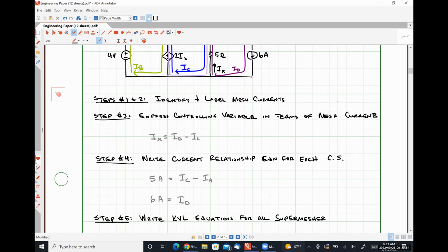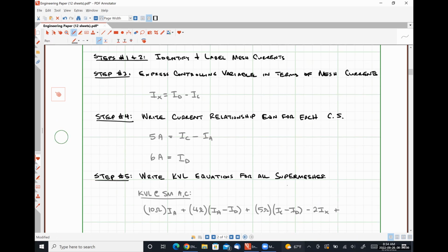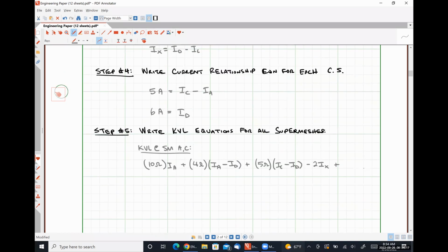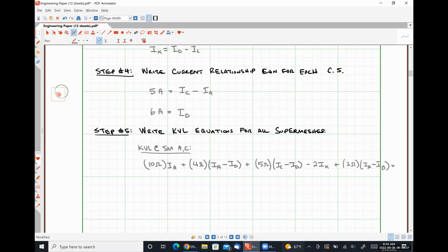Minus 2ix. Then we have the 3 ohm resistor, which is going to carry a total current of IA minus IB. Thank you. Set this equal to 0.